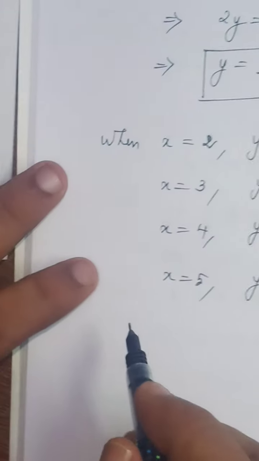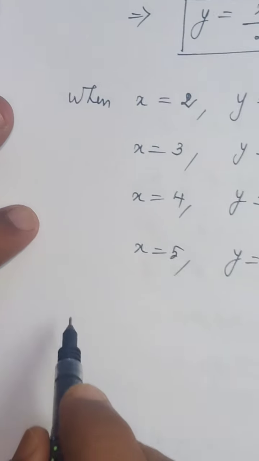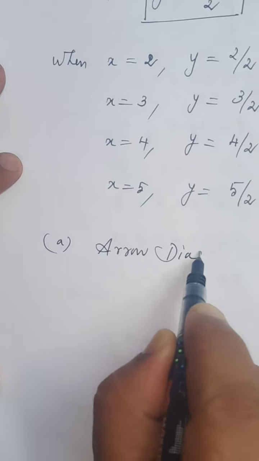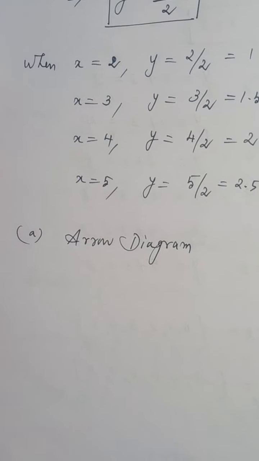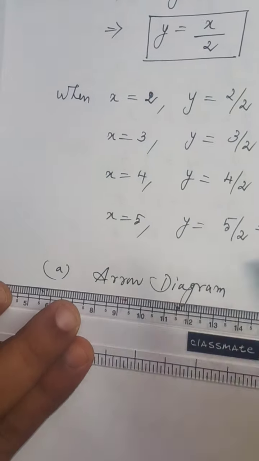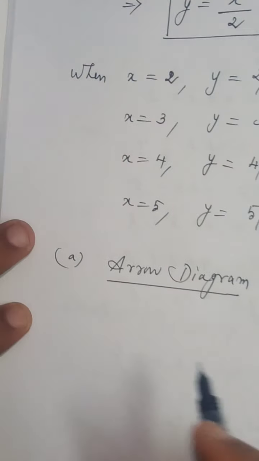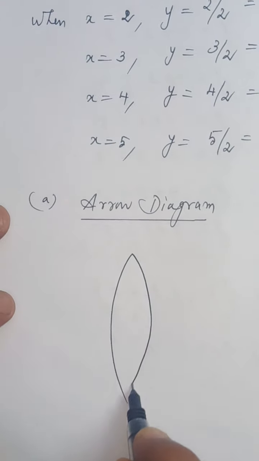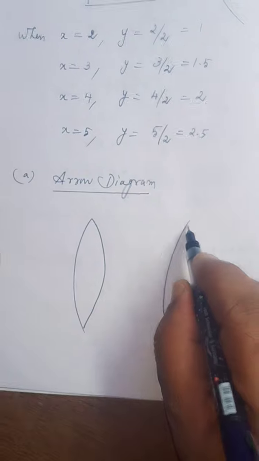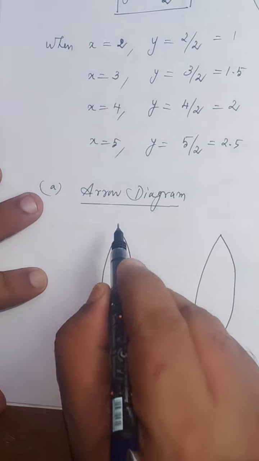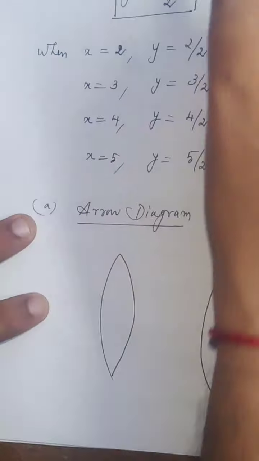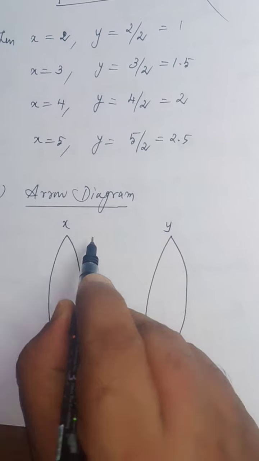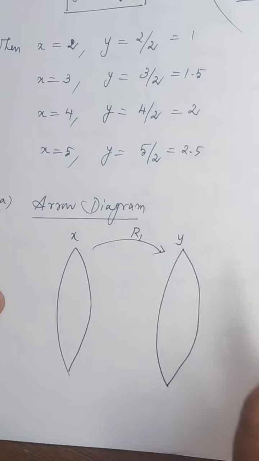Now you are asked to find out the first one, arrow diagram, correct? First A, arrow diagram. Set X and set Y. The relation is R1.